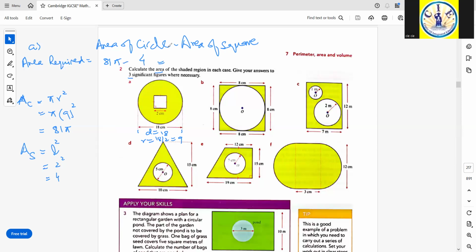Using our calculator, we can find the answer. 81 times pi, and from this we need to subtract 4. So the answer is 250.469, the complete answer.